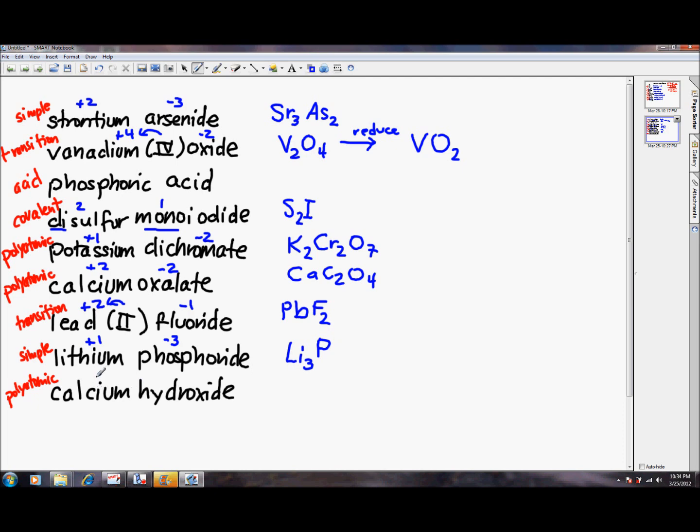Okay, almost done. Calcium, again, +2. This is hydroxide, the polyatomic ion. It has a -1. So the calcium's 2 is going to go onto the hydroxide, and the 1 is going to go on the calcium, so it's just CaOH. Now, since I need to put a number on the polyatomic ion, I have to put it in parentheses.